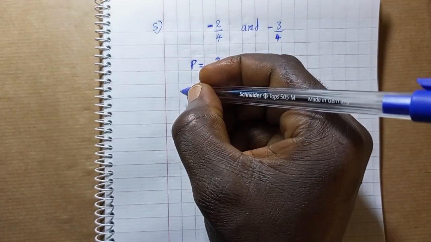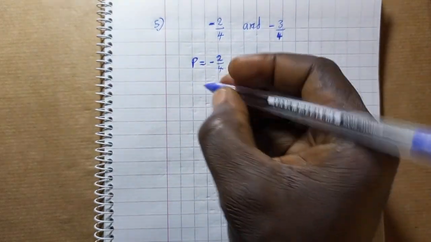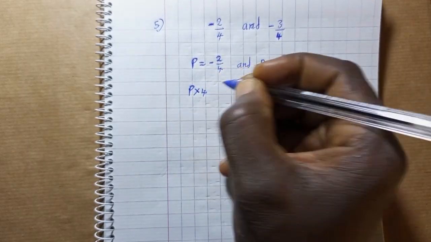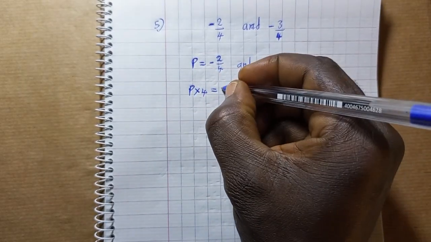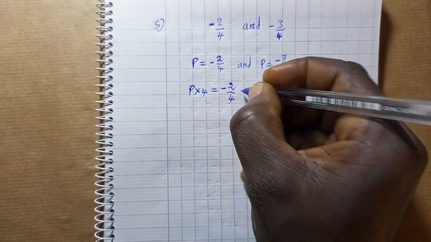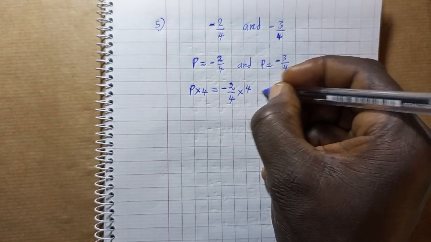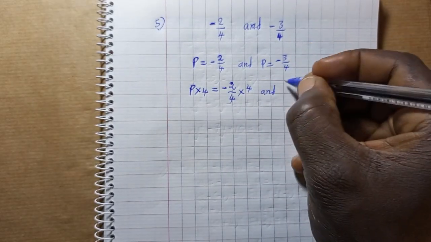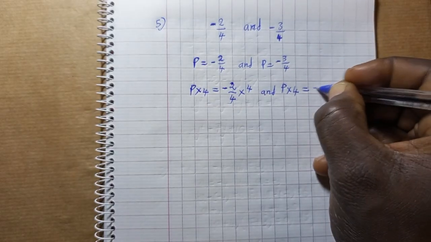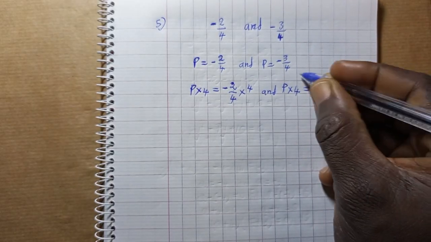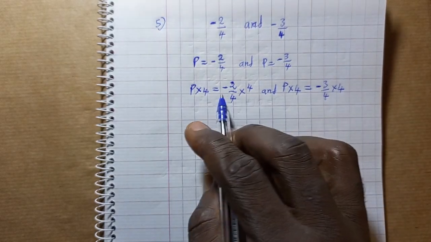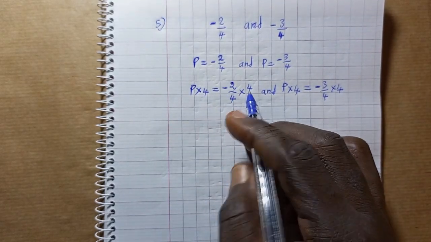So our next step will be p times 4 is equal to minus 2 over 4 times 4, and this one also, p times 4 is equal to minus 3 over 4 times 4. So I've multiplied both sides by the denominator.